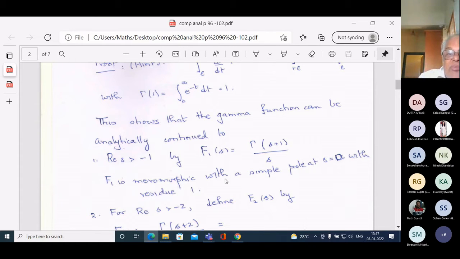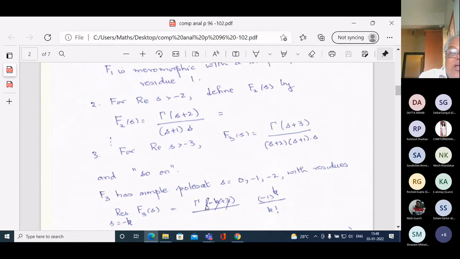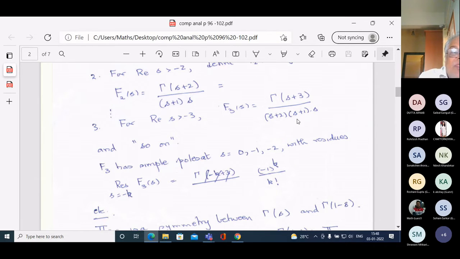This is meromorphic with a simple pole, and it coincides with the gamma of s that you have for real part of s greater than 0. It has residue 1. For real part of s greater than -2, you define F2 to be gamma of s plus 2 over s plus 1 times s, and so on and so forth.